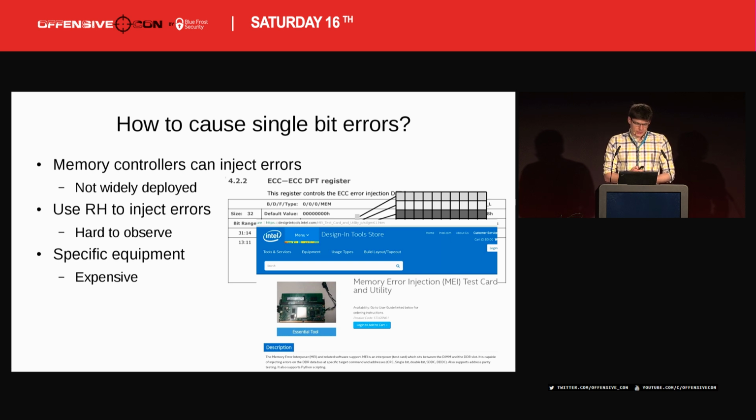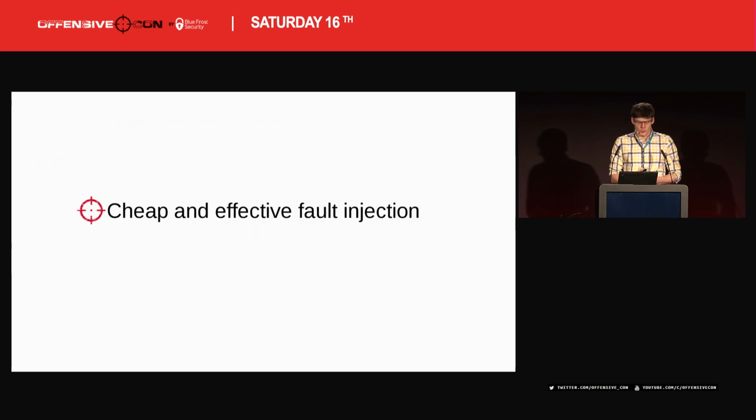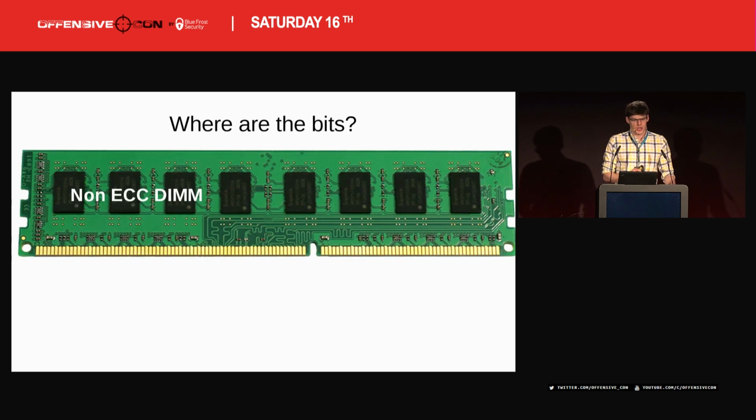So what can we do better than this? Well, we will propose a cheap and effective fault injection method, and I really think it's very cheap. But we should start by seeing where the bits are actually stored. So this is a non-ECC DIMM, and obviously the bits are stored in the black chips.